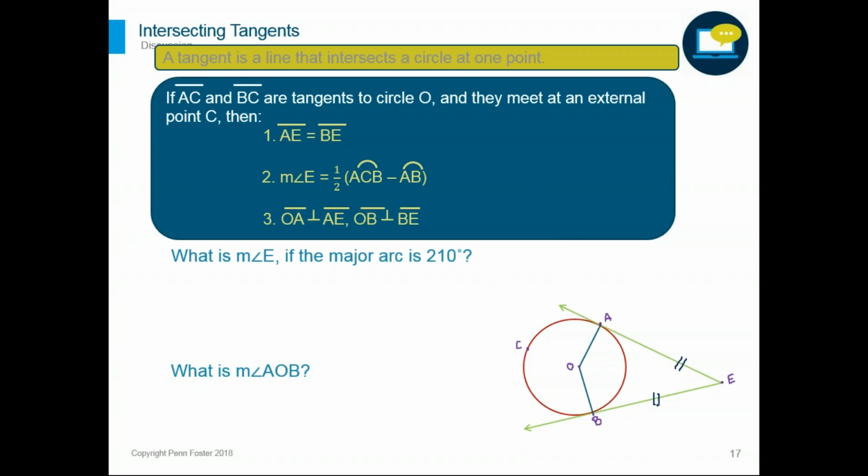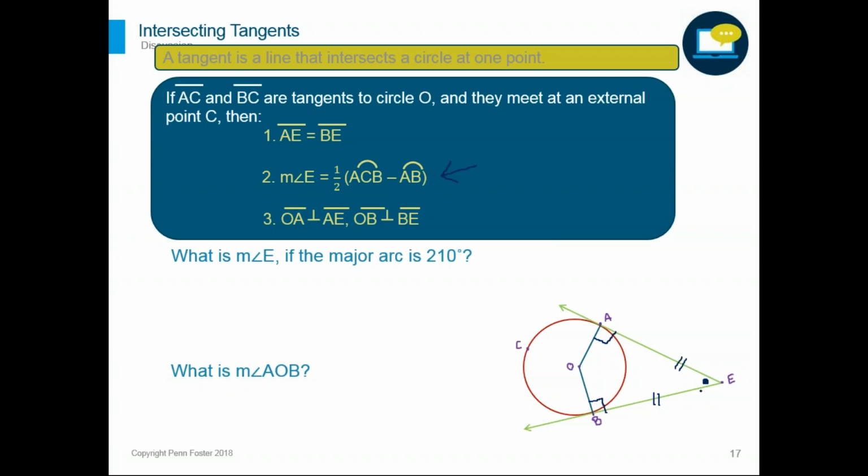Two, we are able to find the measure of the outside angle E, and that is given by half of the difference of the measures of the major and the minor arcs. We're going to go over an example. And three, the radius AO is perpendicular to the tangent. The same way, OB is a radius, so it is 90 degrees with the tangent.